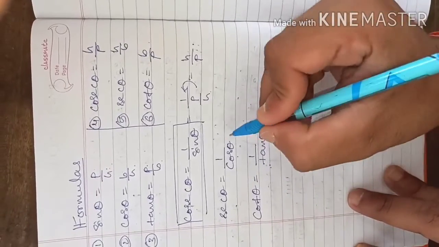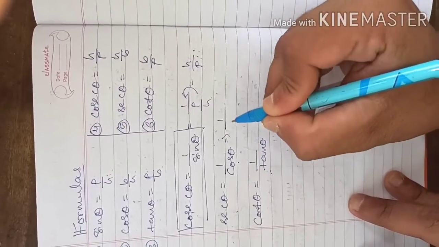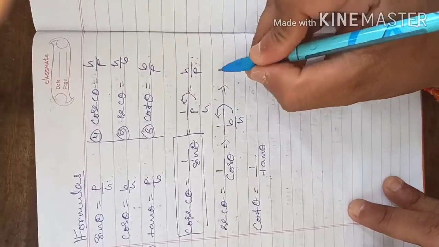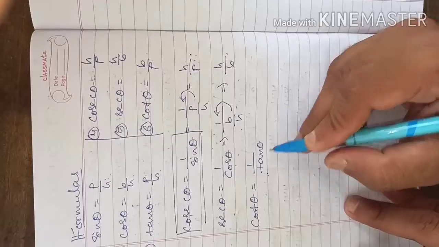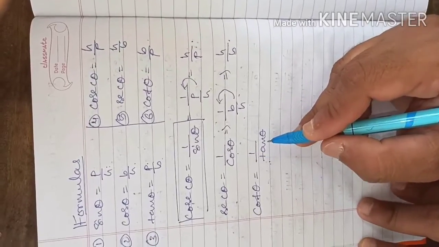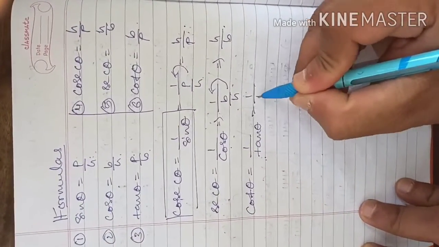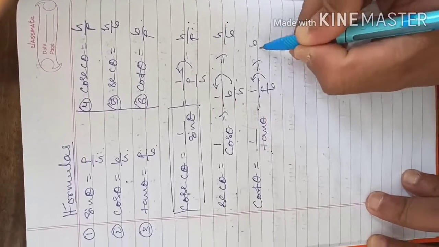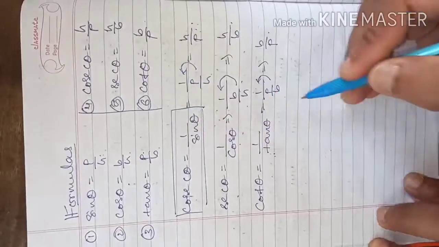We know cos theta is B by H. When it goes to the numerator, it becomes H by B. Similarly, cot theta is 1 by tan theta, which is 1 by P by B. When it goes to the numerator, it becomes B by P. In this way, we are getting the values.